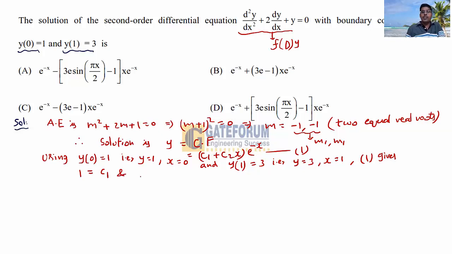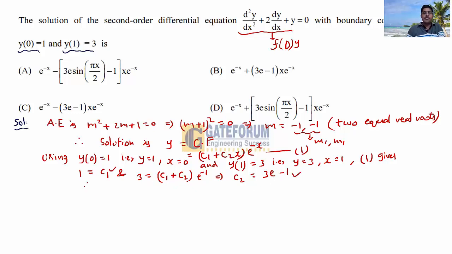And y value 3 with x value 1: 3 is equal to c1 plus c2 into e power minus 1, with c1 value 1. So I can write c2 is equal to 3 times e minus 1, because e power minus 1 shifting to the left side becomes e. So these are the c2 value and c1 value.